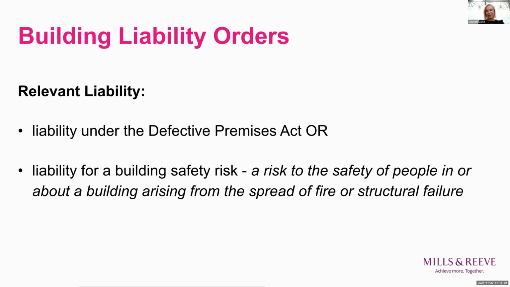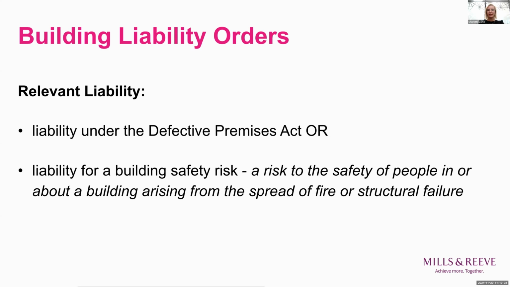It's not limited, therefore, to fire safety risks, and it can also apply to structural safety risks. And then also note, because of the reference to liability under the DPA, this brings with it the 30-year retrospective limitation period. So incredibly wide application and a lot of situations where these BLOs can apply.